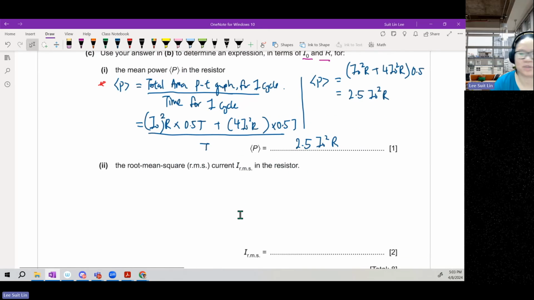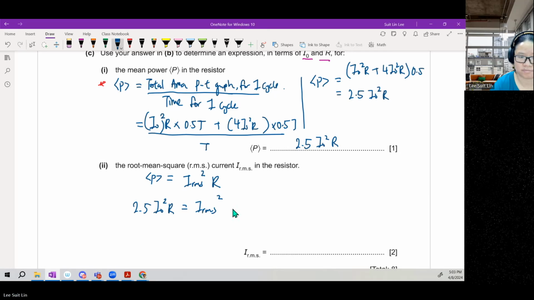Right, finally, root mean square in the resistor. Well, mean power is I r.m.s. square times R. Mean power will be 2.5 I0 square R. I want to find I r.m.s. The R can cancel. So I r.m.s. will be square root of 2.5 times I0.